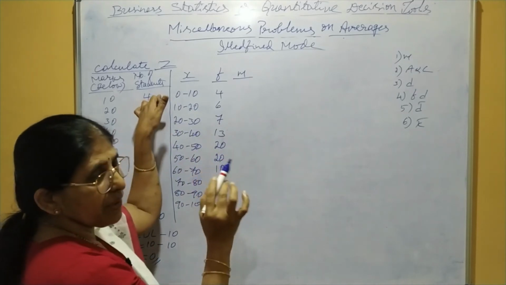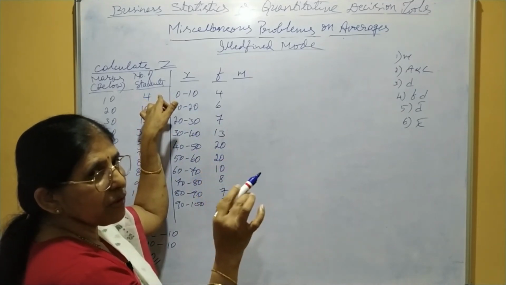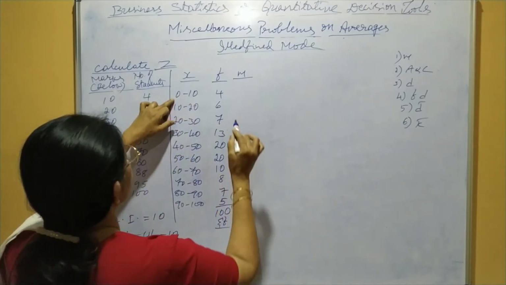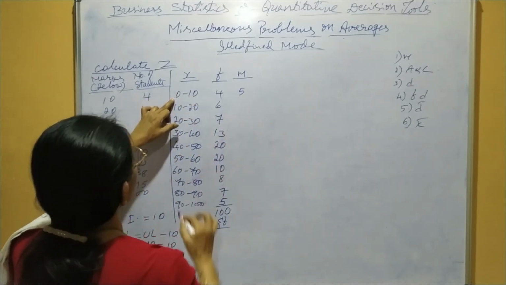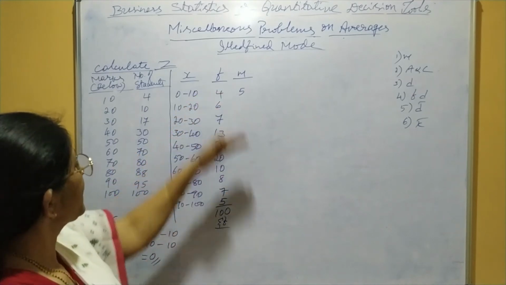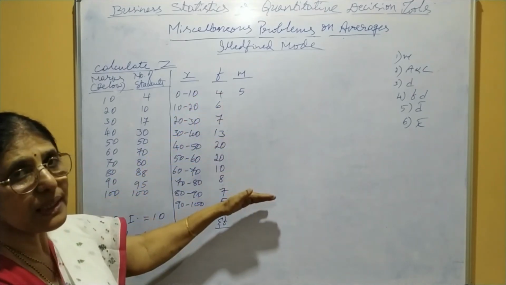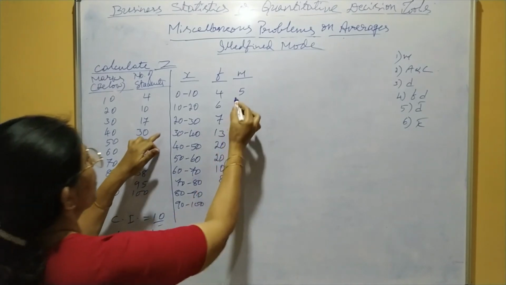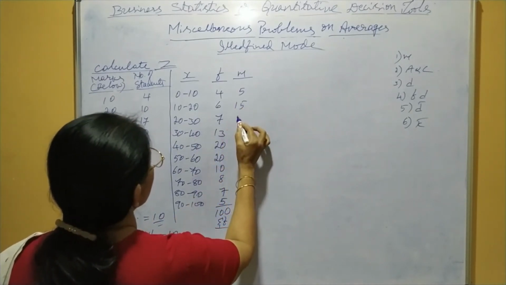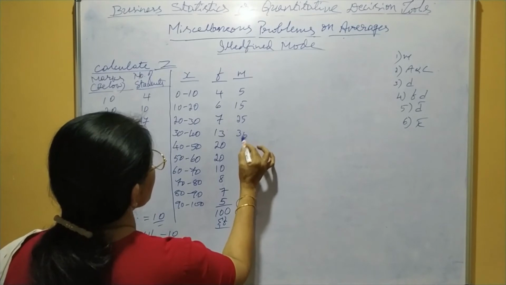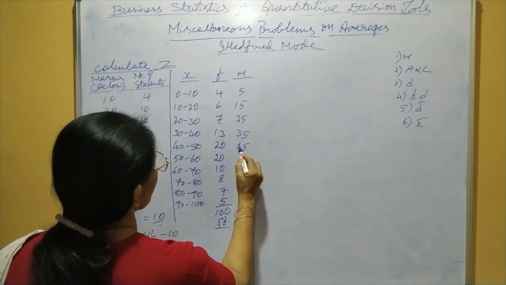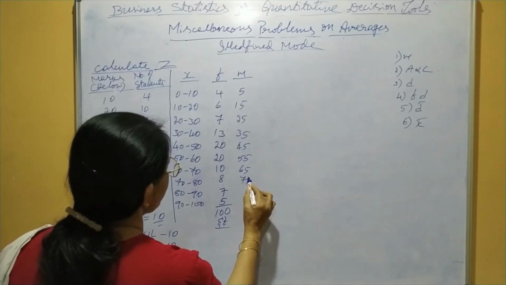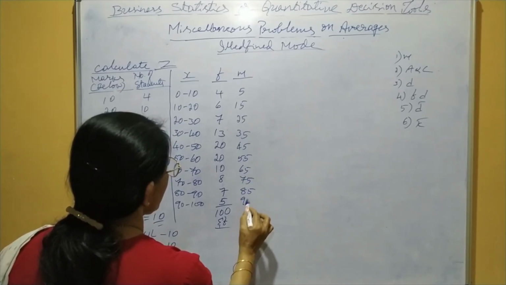Midpoints equals upper limit plus lower limit divided by 2. 10 plus 0 divided by 2, 5. And I have told you, next onwards, go on adding the common class interval. Here common class interval is 10. 5 plus 10, 15, 25, 35, 45, 55, 65, 75, 85, 95.